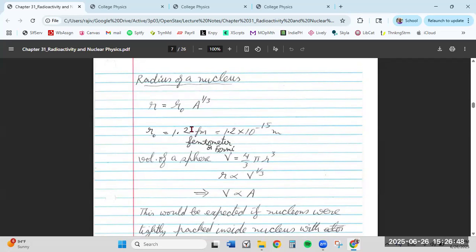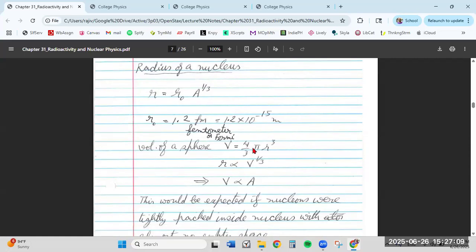Femtometer is sometimes, in honor of the physicist Fermi, also referred to as Fermi. So R naught has a value of 1.2 Fermis, which is equivalent to 1.2 times 10 to the negative 15 meters.